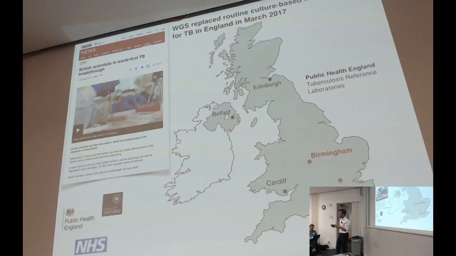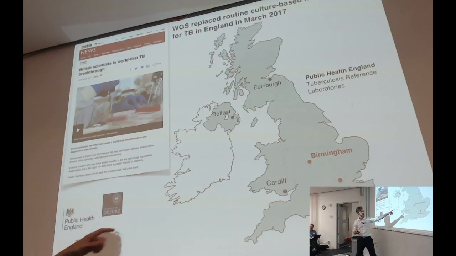Now the great thing about this is that it isn't fantasy. Public Health England switched over from culture-based microbiology to this whole genome-based microbiology in March this year. So if you go to an NHS hospital now with suspected TB, you will get a result back in about a week because the TB will have had its genome sequenced.